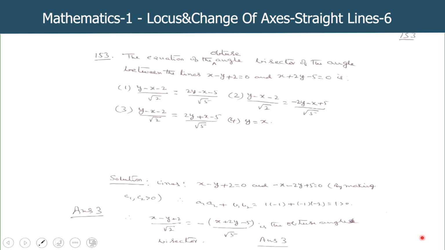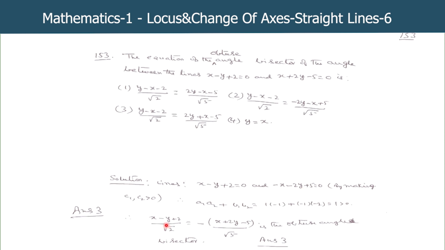So here what I have written is, see, x minus y plus 2 equal to 0, and the other equation, because it is minus 5, I want to make plus 5: minus x minus 2y plus 5 equal to 0, by making C1, C2 positive. Now a1a2 plus b1b2 means 1 into minus 1 plus minus 1 into minus 2, which is 1, positive.